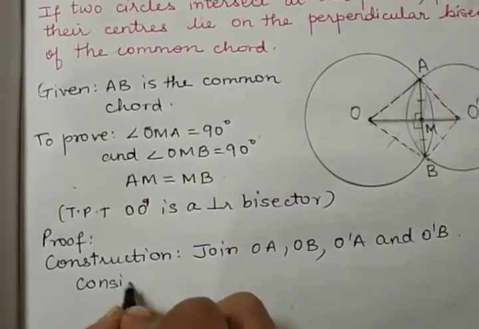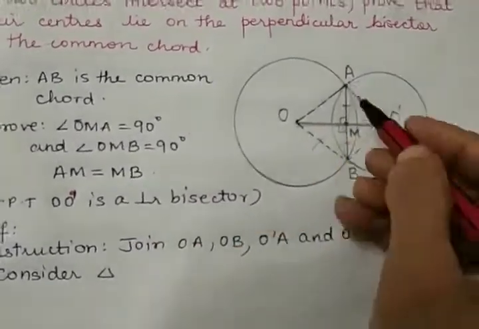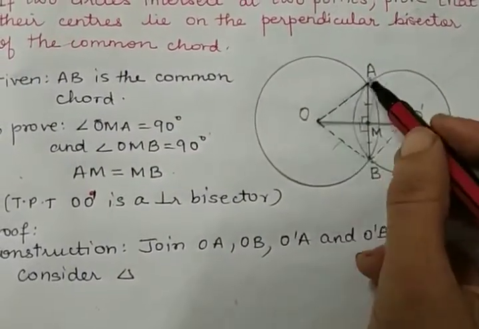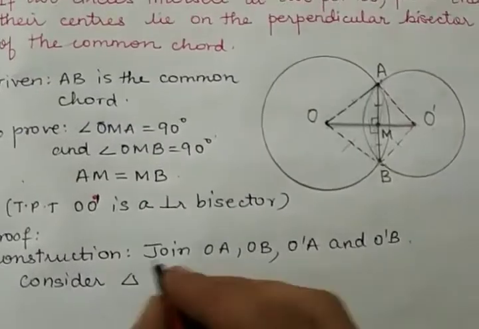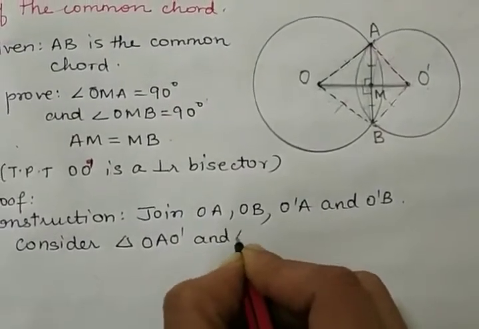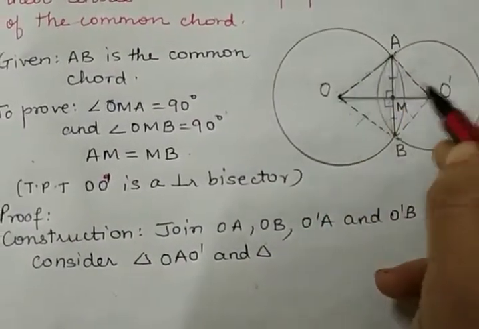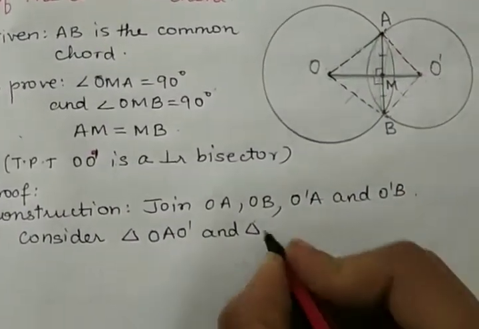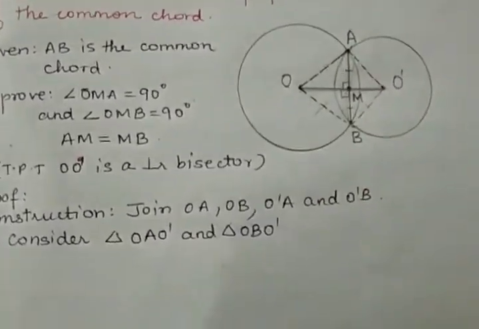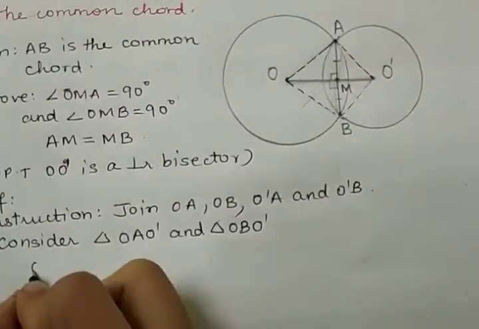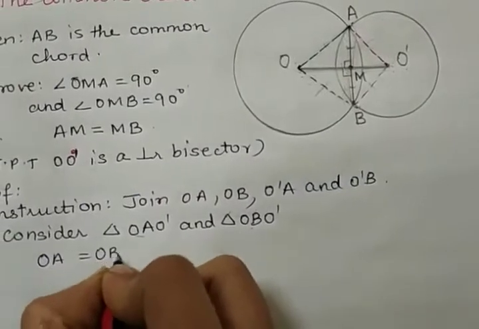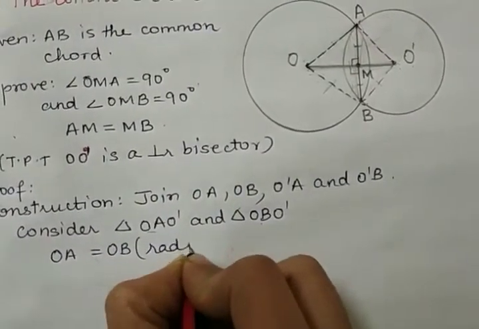Consider triangle OAO dash and triangle OBO dash. These are the two triangles I have taken. In this triangle I know OA will be equal to OB, correct? Because the radii of the same circle.